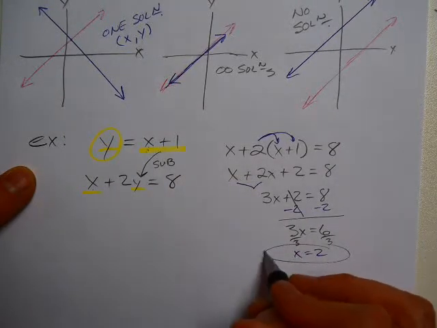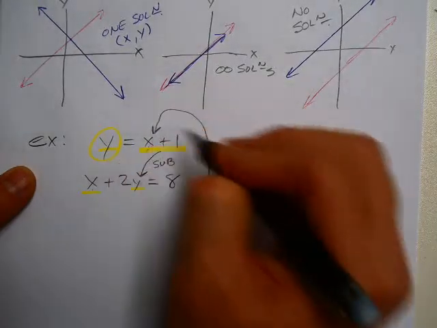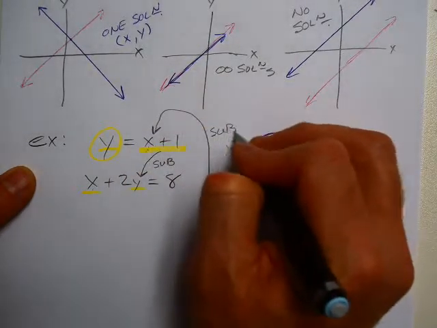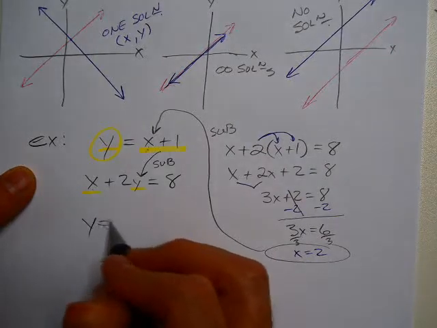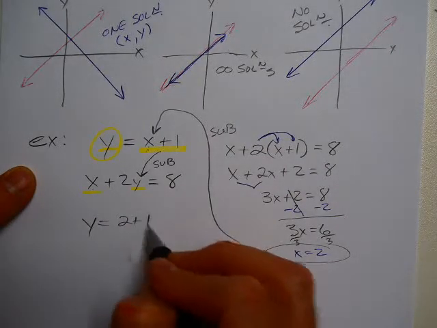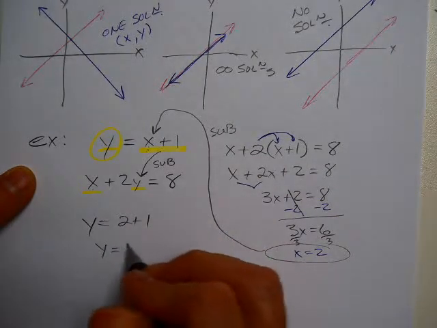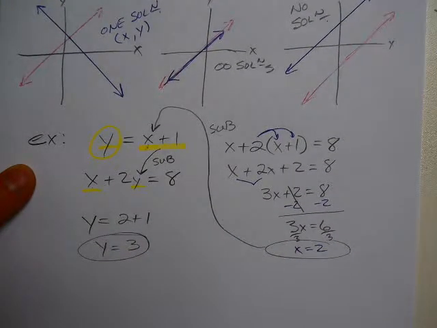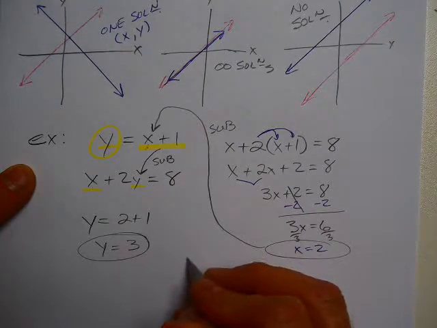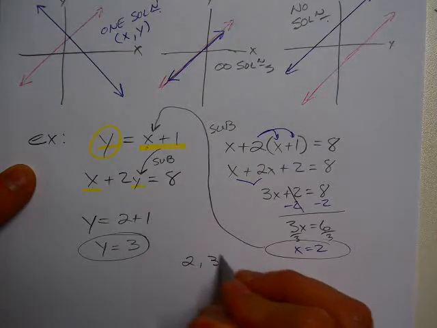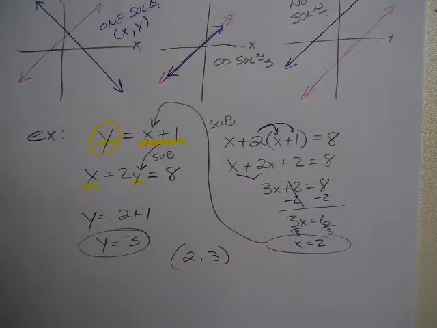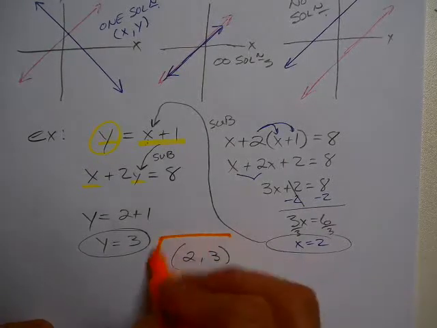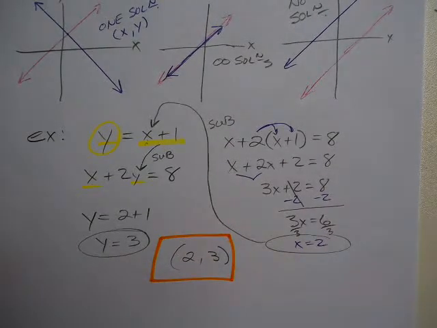So I'm going to substitute this value here. So that's going to be y equals 2 plus 1, or y equals 3, right? So I know now where these two lines cross. They cross at the point (2, 3). This is my solution to the system of equations.